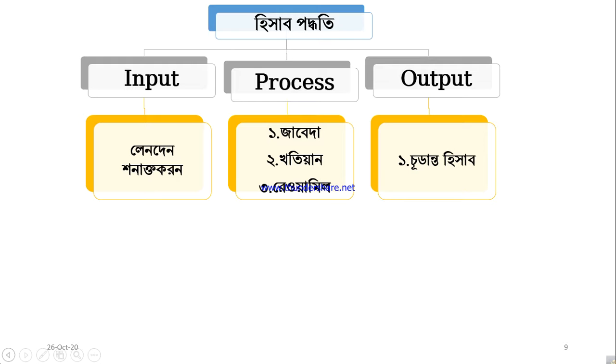and process indicates recording the journal entries, posting to the ledger, and preparing the trial balance for rectifying the accuracy of the balances of transactions by maintaining debit and credit balances of the respective transactions that come from the ledger.